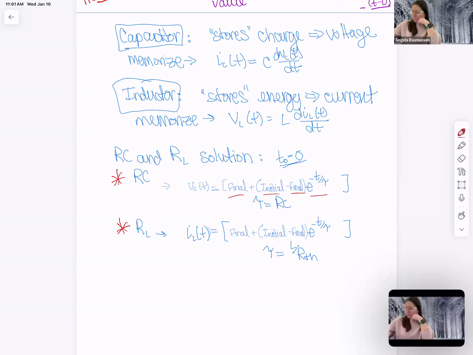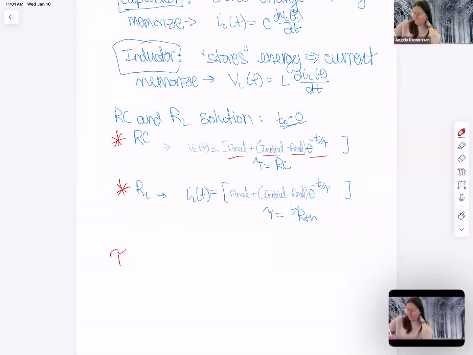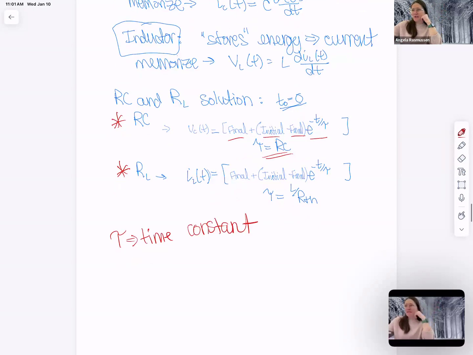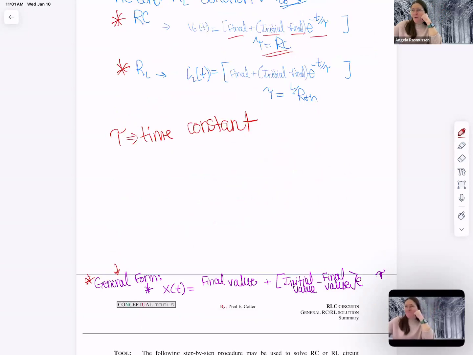Remember that one? Okay, it's RC for that, but tau stands for what? Time constant. What does that mean? Anybody want to take a stab at that? Yes. It's a constant with units. Uh-huh. Usually seconds would be your unit.